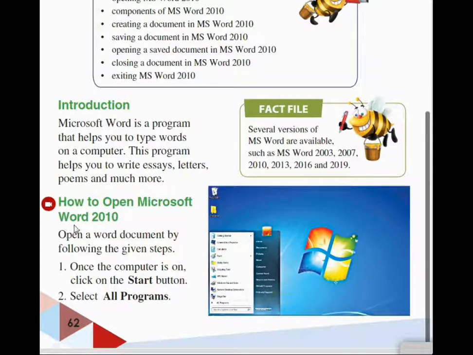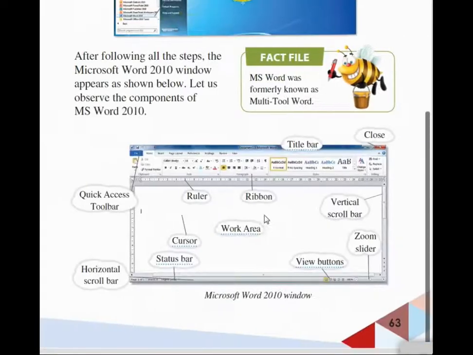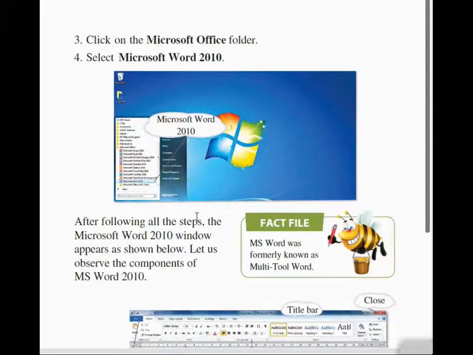First, we learned about how to open Microsoft Office Word 2010. In that we learned first we have to click on the start button. After that we have to click on all programs.